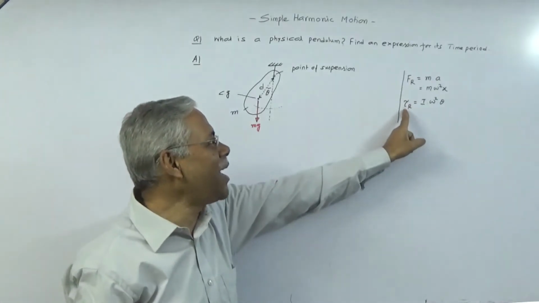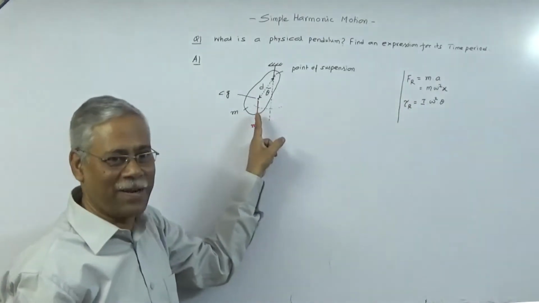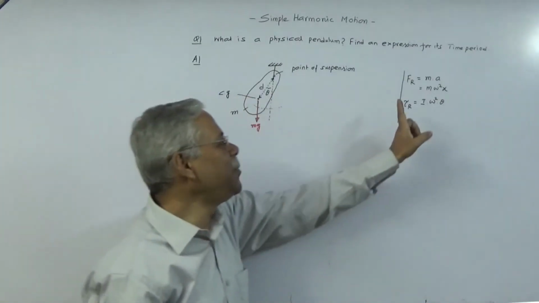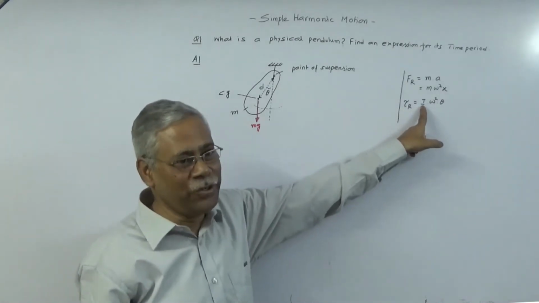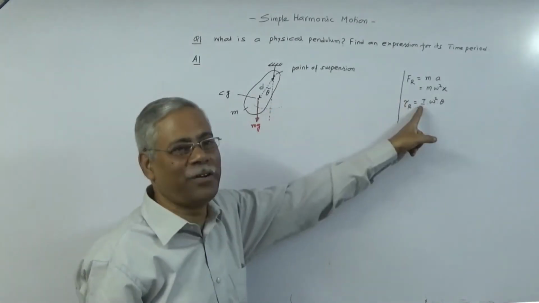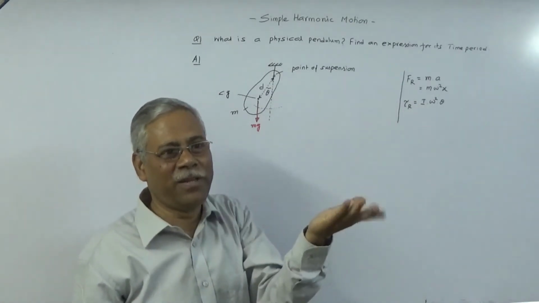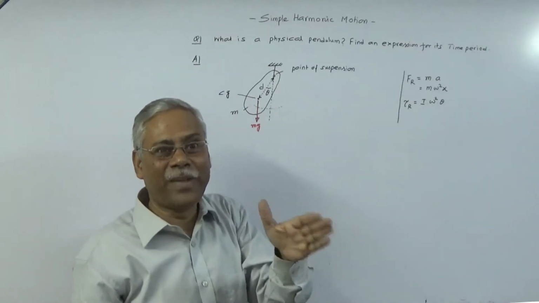If you can find the restoring torque, which I hope you can, because mg into perpendicular distance you know how to find, and moment of inertia is known to you because the body is given. If I give you a scale, then you know it will be ml square by 3 or ml square by 12, depending on the axis of rotation.